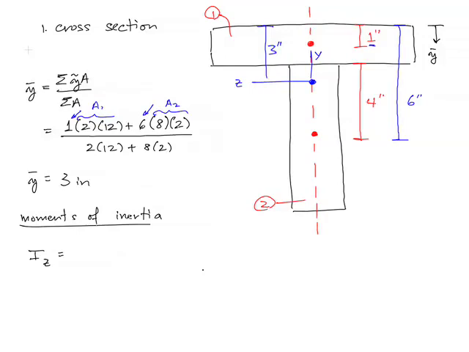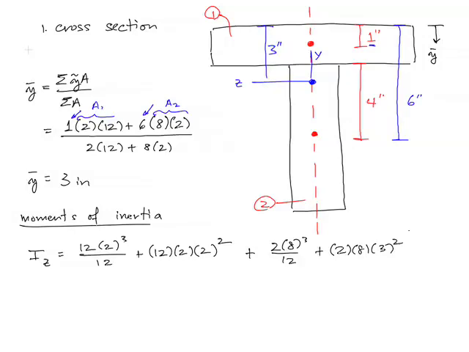So let me just write it, and then I'll label what the pieces are. All right, so it's 12 times 2 cubed over 12 plus 12 times 2 times 2 squared, plus 2 times 8 cubed over 12 plus 2 times 8 times 3 squared.